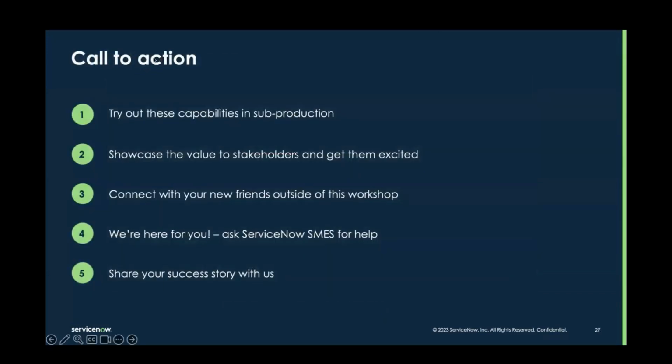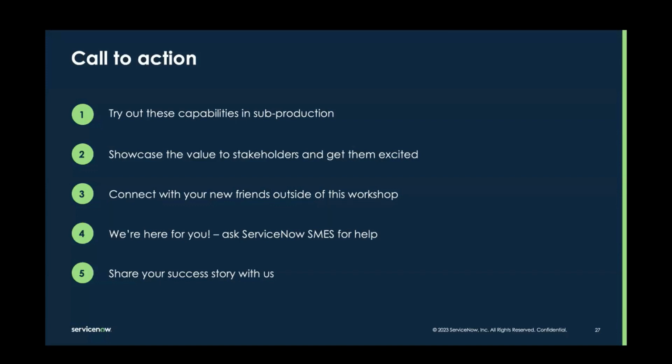Now we have a few call to action items. First of all, try out these capabilities in sub-production and showcase the value to the stakeholders in your organization and get them excited about these capabilities. They can be tried out for free as of now before it's GA, as we mentioned before.